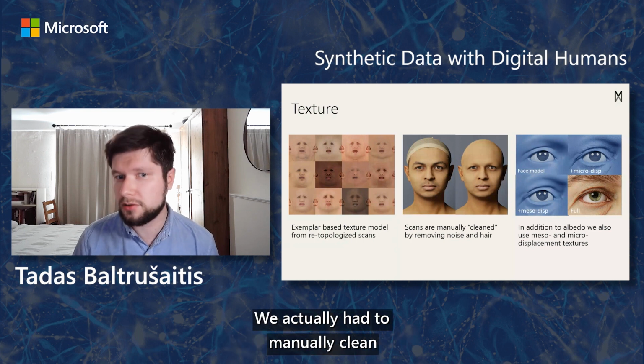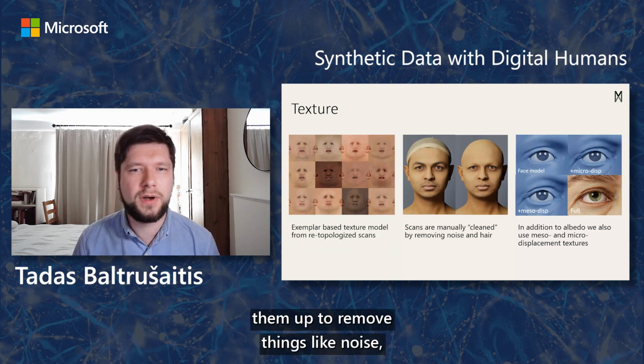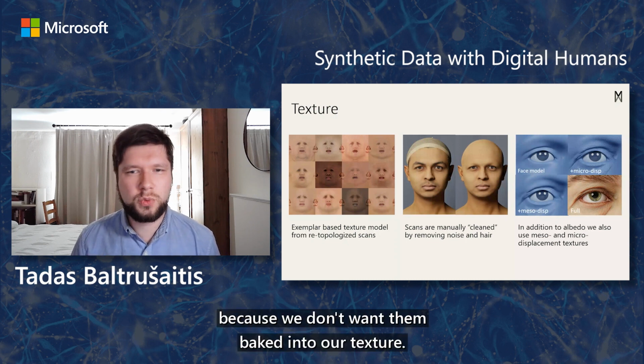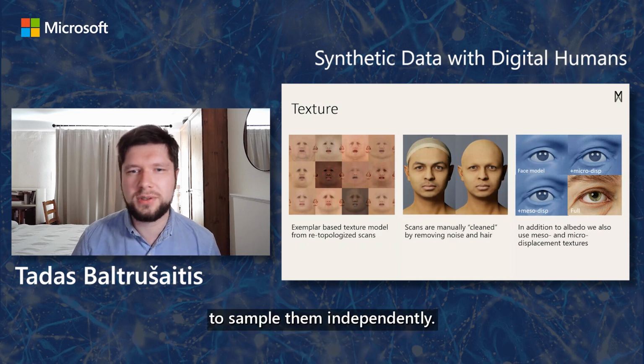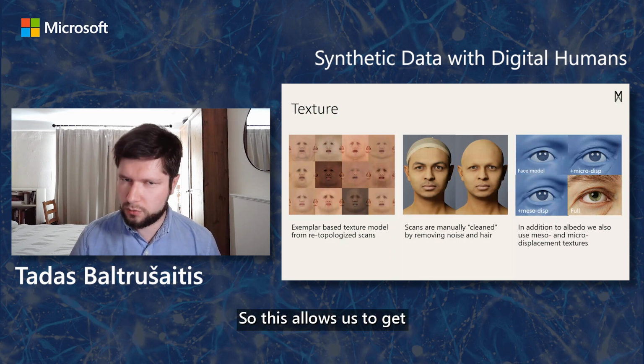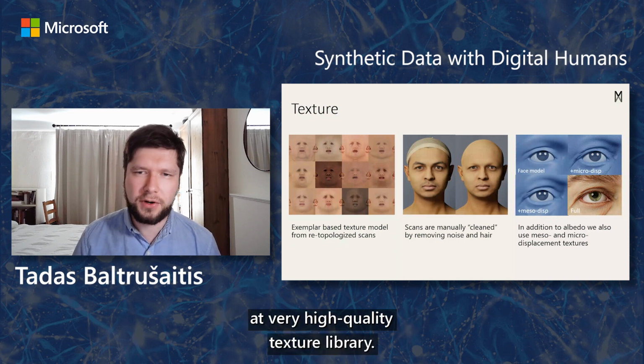We actually had to manually clean them up to remove things like noise, facial hair, hair nets, because we don't want them baked into our texture. We want to be able to control them, to sample them independently. So this allows us to get a very high quality texture library.